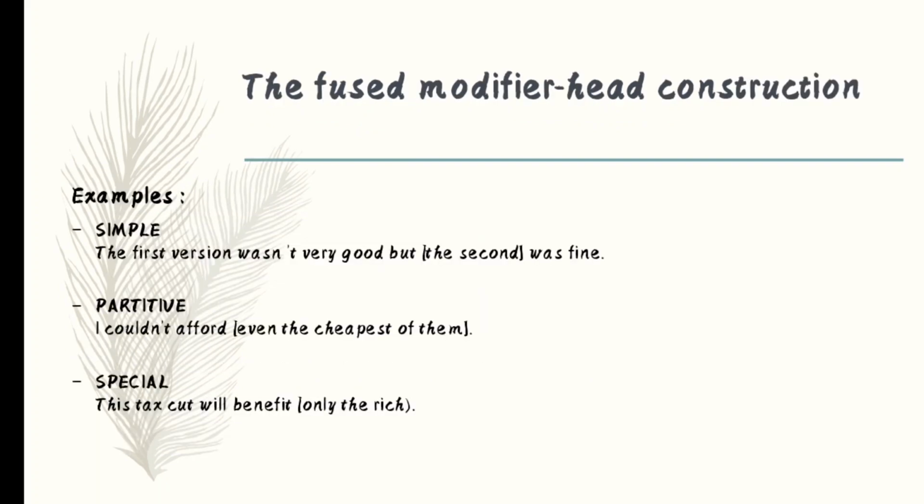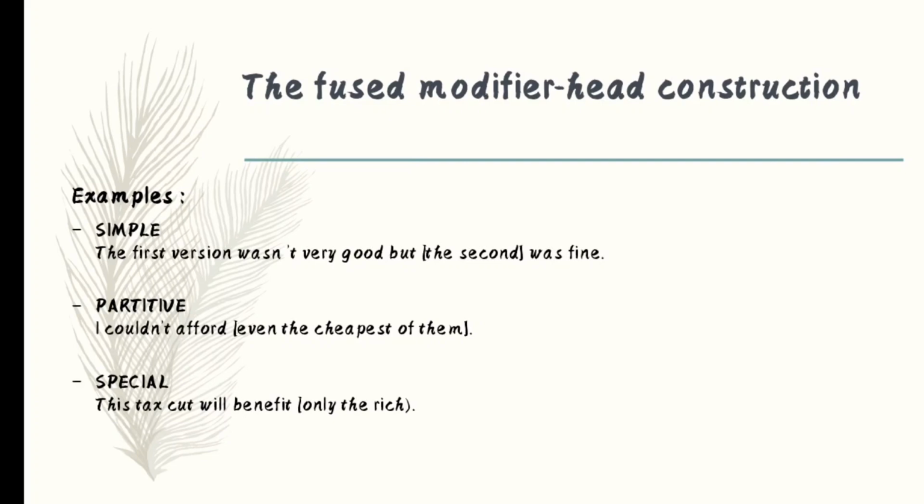Next, the fused modifier-head construction. For example, in simple: the first version wasn't very good, but the second was fine. The word second looks like a noun, but it is not a noun, it is an adjective. For the second example, in partitive: I couldn't afford even the cheapest of them.